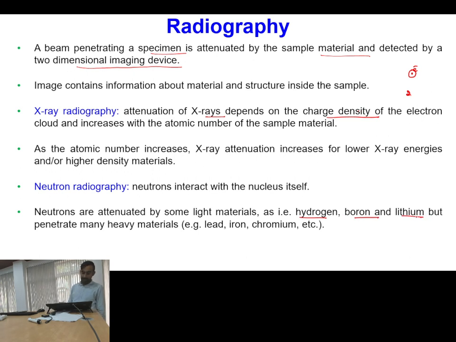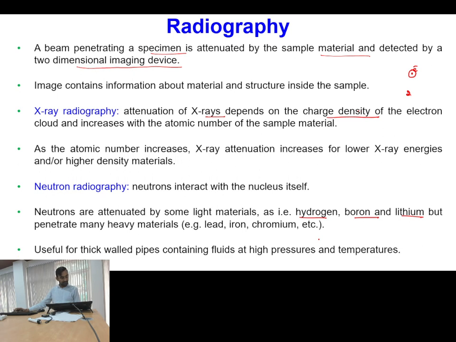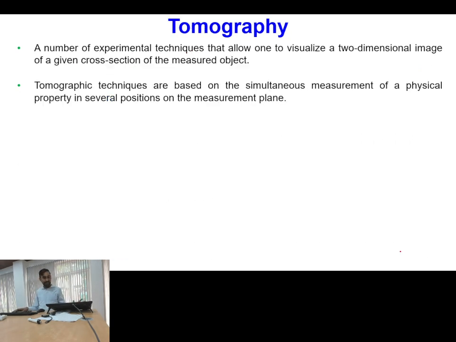However, they will penetrate heavy materials like lead, iron, chromium, etc. X-ray and neutron radiography are useful for thick-walled pipes which contain fluids at high pressures and temperatures. So this is one approach, which is called radiography.